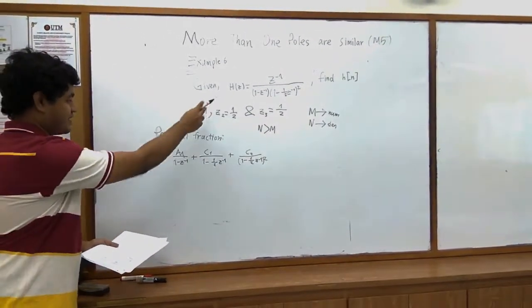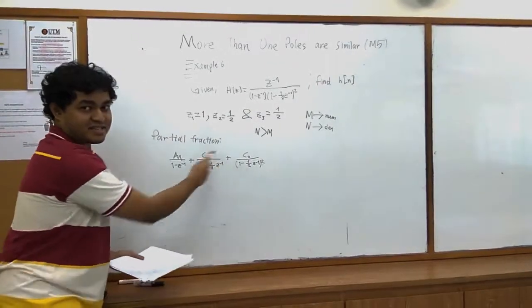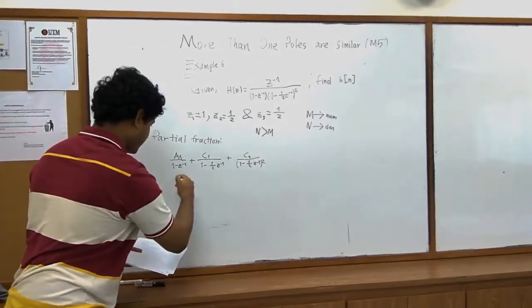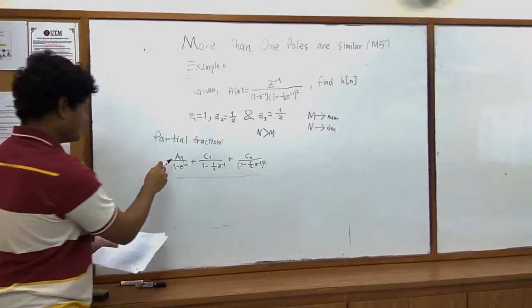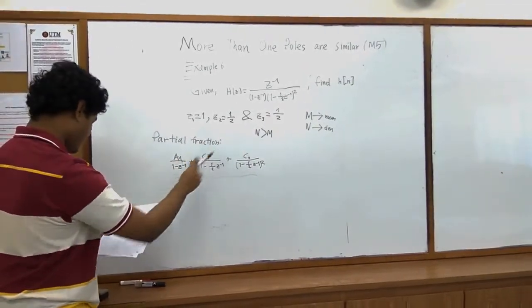I want to represent this function in terms of partial fractions like this. Now we have to find the numerators A1, C1, and C2.